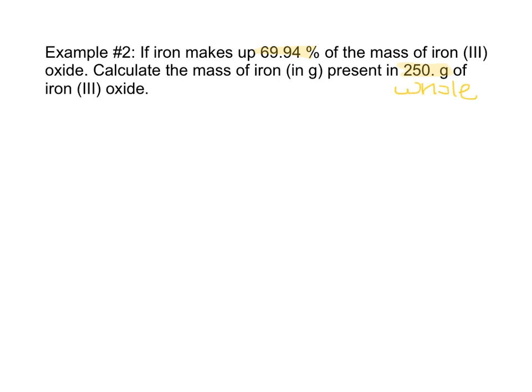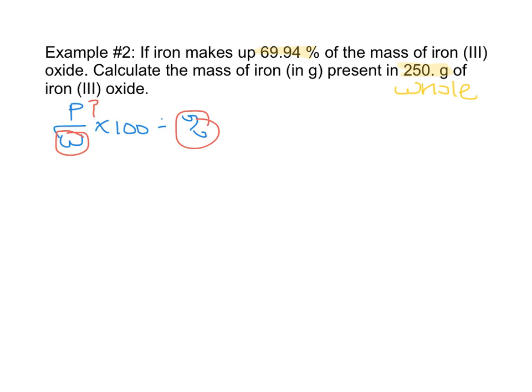So this one's going to work out a little bit differently. So remember it's part over whole times 100 equals our percent. So if we're going to map this out, we have our whole, we have our percent, we're asked to find the part.